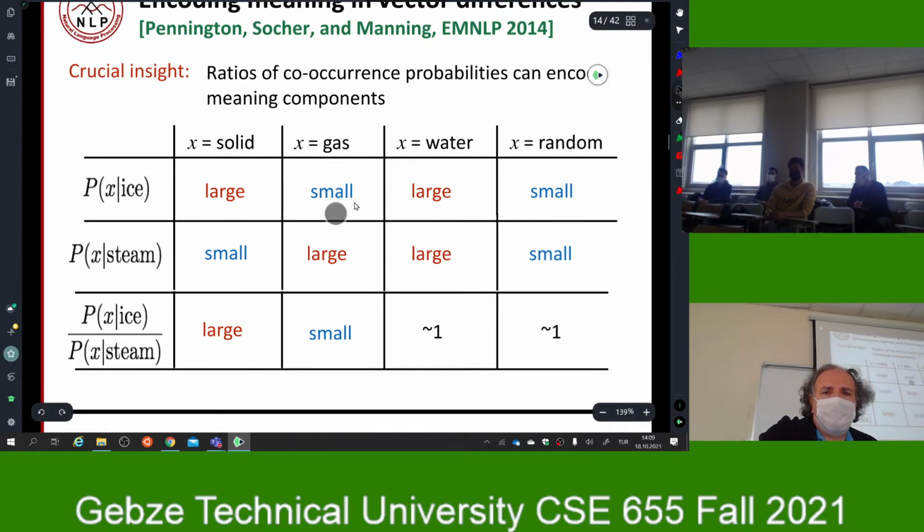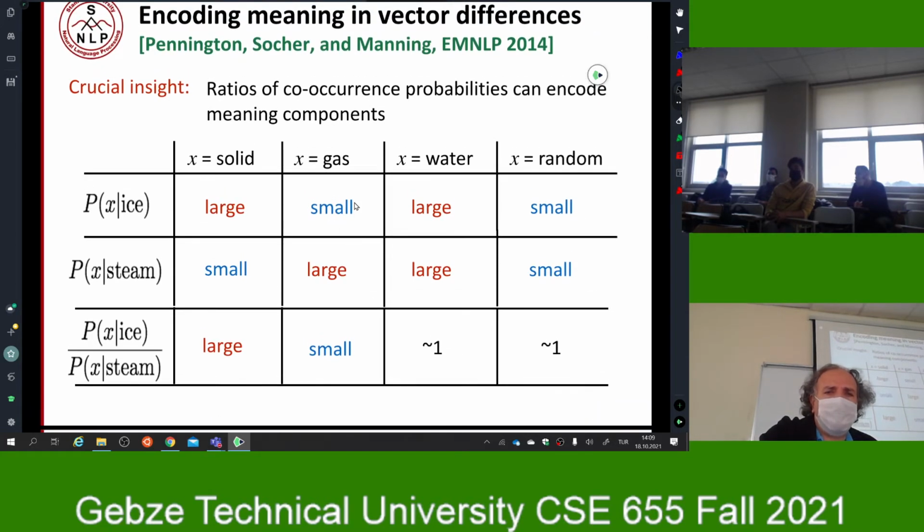For gas, if I see ice, what is the probability of seeing gas around this word? It is small. This large and small, just bear with me. These are just examples. You might say that if there is ice, then maybe somebody is talking about gas too, but this is just an example. If I see ice, what is the probability of seeing water around it?